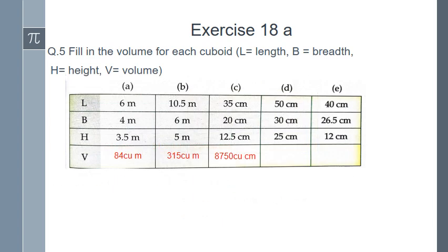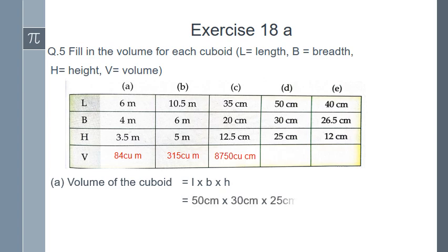Now children, let's see the D part of question number 5. The volume of the cuboid, as you know, is equal to length multiplied by breadth multiplied by height. And in order to find out the volume, let's just see what is the length. Length is equal to 50 centimeter, breadth is equal to 30 centimeter and height is equal to 25 centimeter.